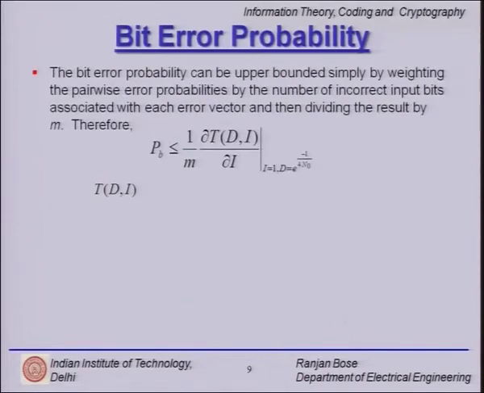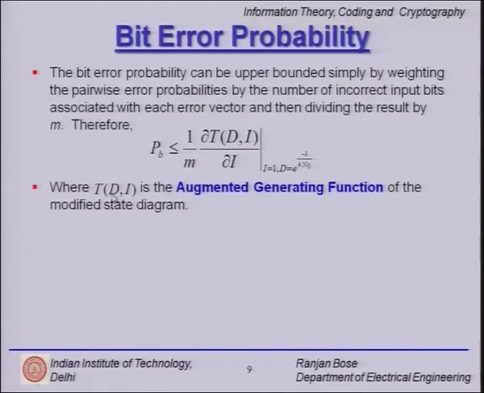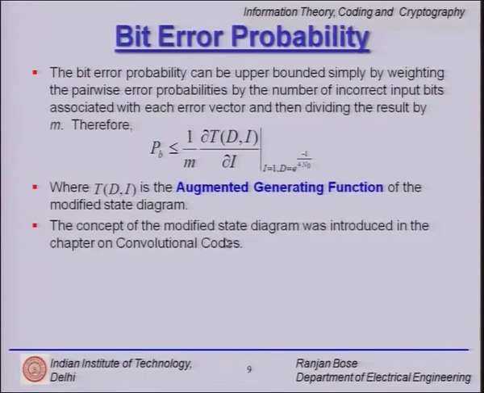From that we went on to discuss the bit error probability, and we showed that it can be written as a derivative of the modified T as a function of D and I. Here T(D, I) is the augmented generating function for the modified state diagram.